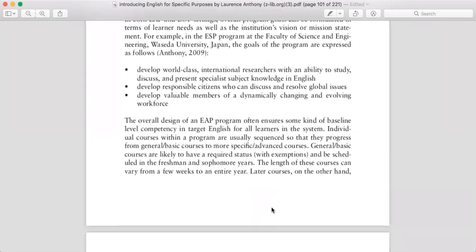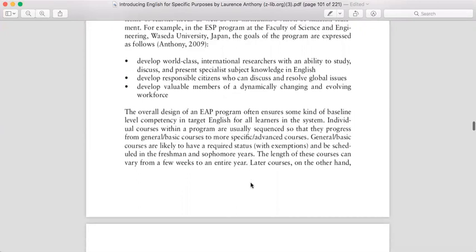There can be a variety of options to sequence them, right? So general basic courses are for the freshmen, and then we move on to sophomores. Freshmen are the first year students, and sophomores are the second year students, right?